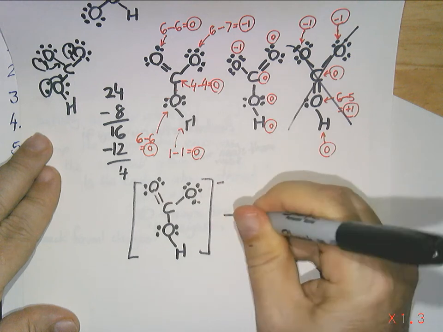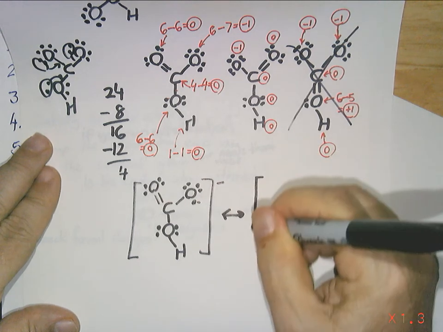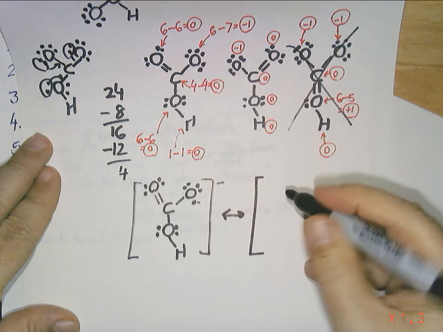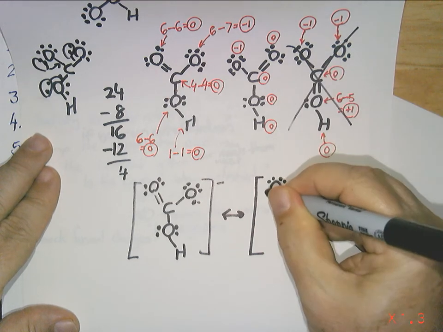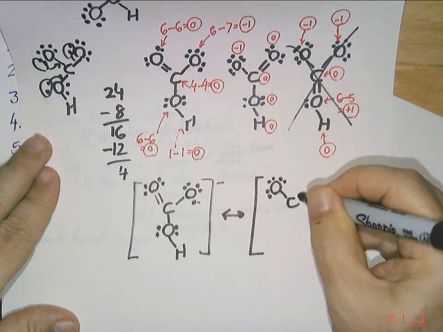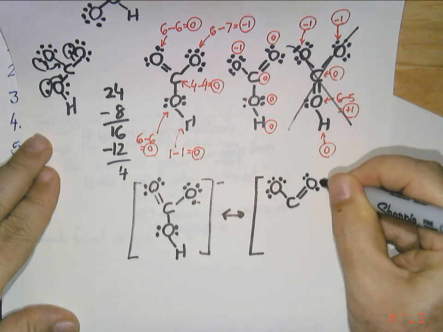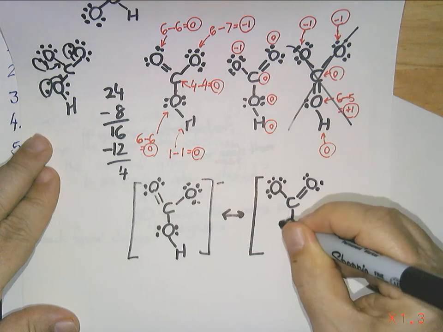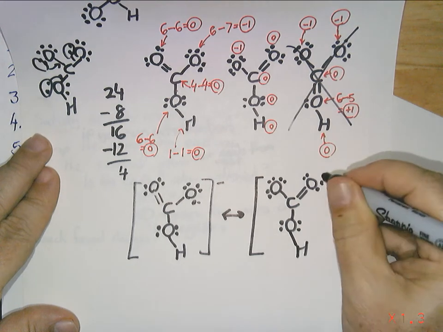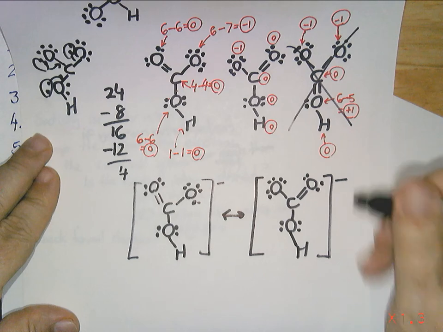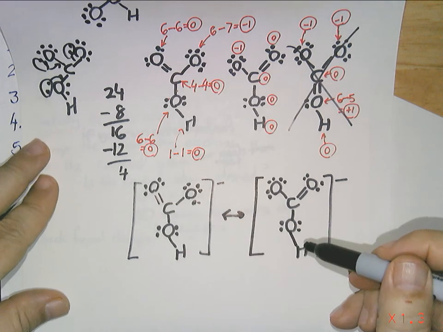And now it has resonance, so I'm going to draw this double arrow connecting it to the other resonance structure. And this is the other resonance structure that I have. I'm just going to copy it down. That would be my final structure for the bicarbonate ion.